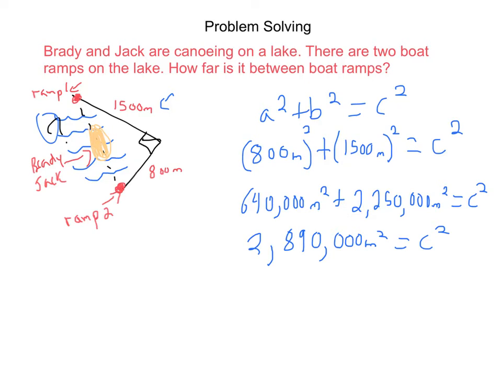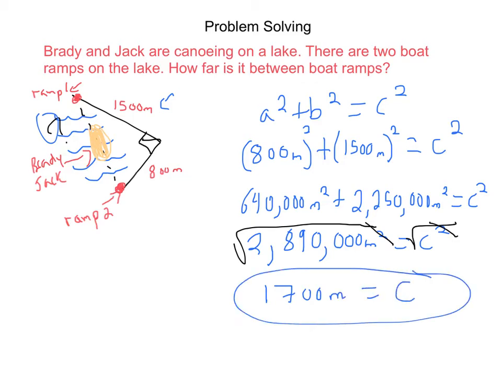Now we're looking for our side length, because right now we've figured out what the square attached to that side is. To find our side length, we square root both sides. And remember, when we square root, that cancels out our squares. So when we root that number, we get an answer of 1,700 meters equals C. That's our final answer for this one.